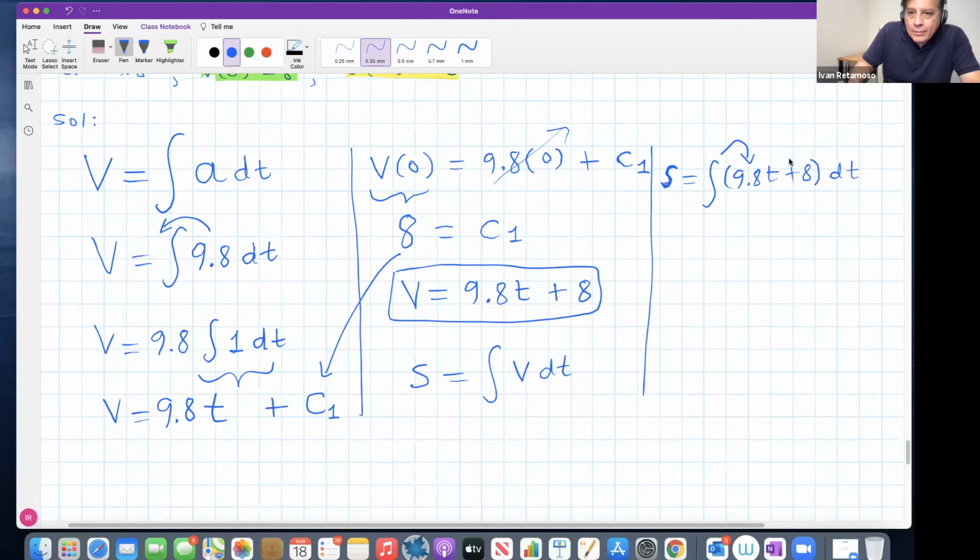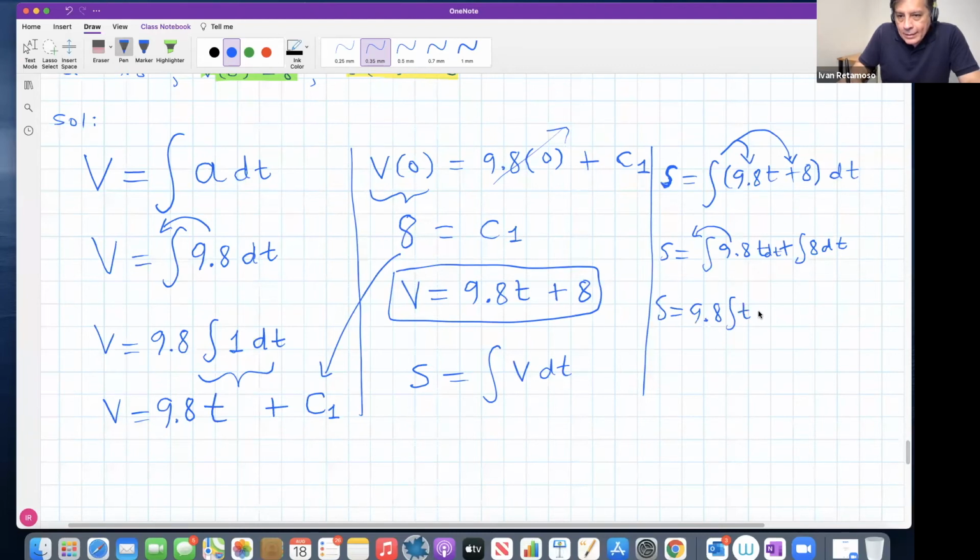Now distribute your antiderivative over. So s will be the antiderivative of 9.8t plus the antiderivative of 8 dt here, right? All right, so in order to take this antiderivative, constant 9.8 outside, t dt inside, plus constant 8 outside, the antiderivative of the constant function 1 dt inside.